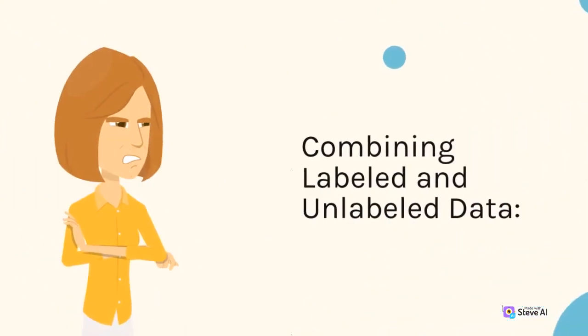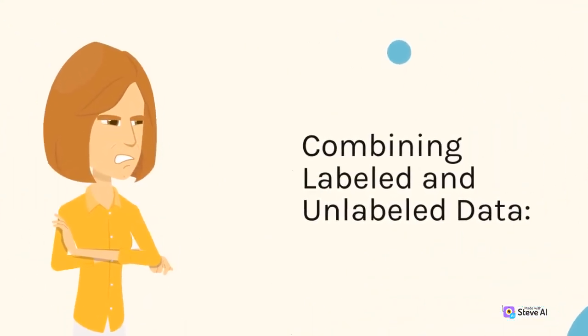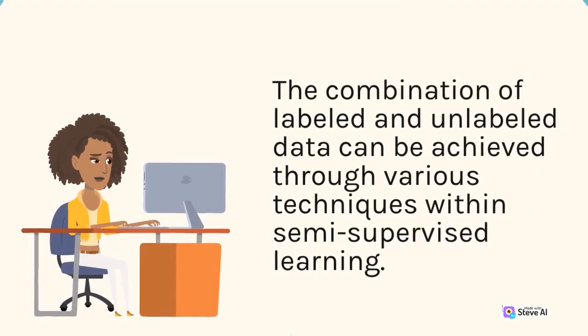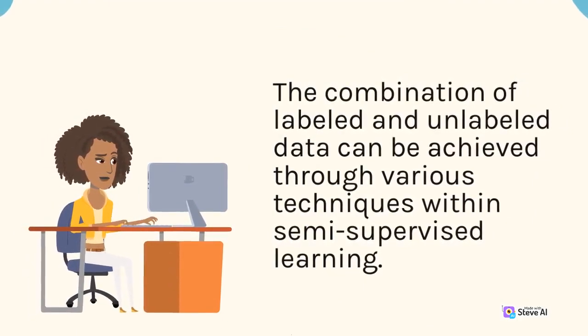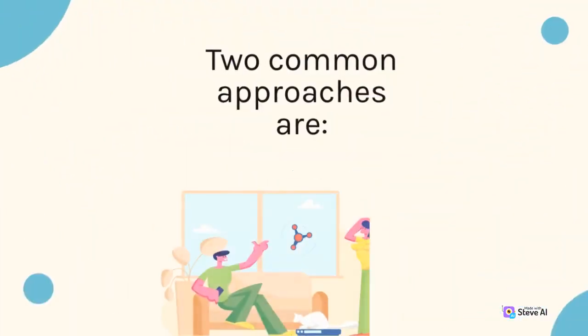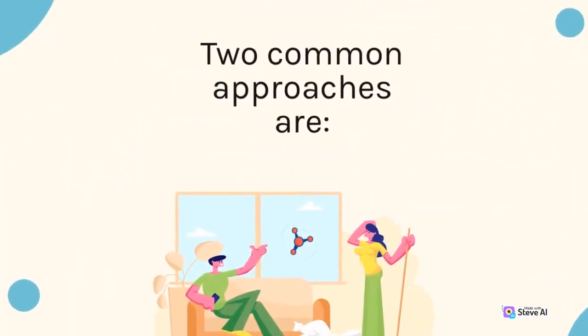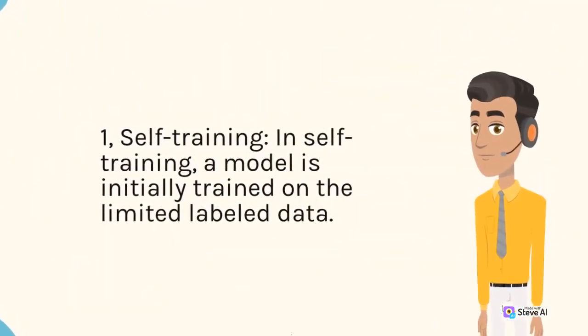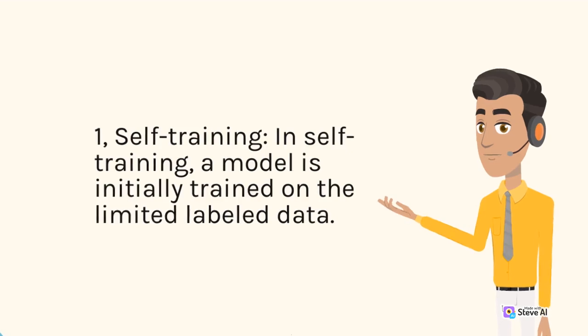Combining labeled and unlabeled data. The combination of labeled and unlabeled data can be achieved through various techniques within semi-supervised learning. Two common approaches are: 1. Self-training. In self-training, a model is initially trained on the limited labeled data.